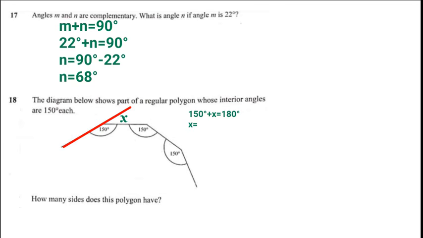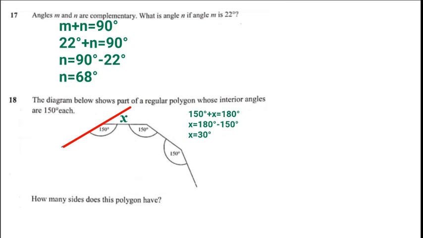So x is equal to 180, then 150 will cross the equal sign and become minus 150 degrees. Then x is equal to the difference of 180 degrees and 150 degrees, which is 30 degrees. So the value of x is 30 degrees. That is the value of the exterior angle.